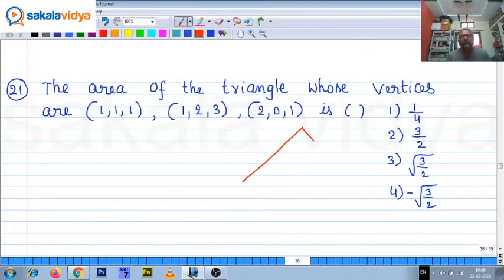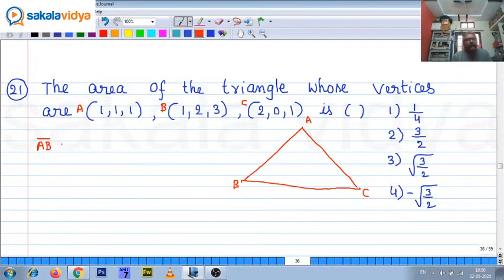Now take the triangle. Let us consider triangle ABC. Say A is here, this is A, for example, this is B, this is C. First find AB, that means the AB vector.